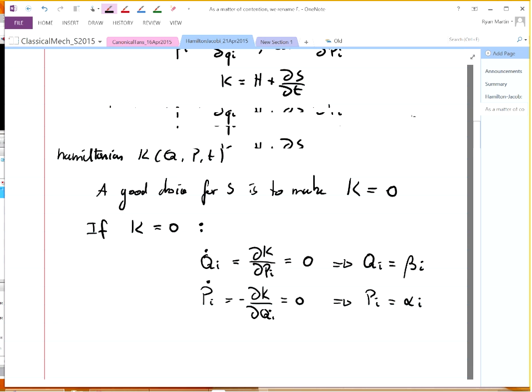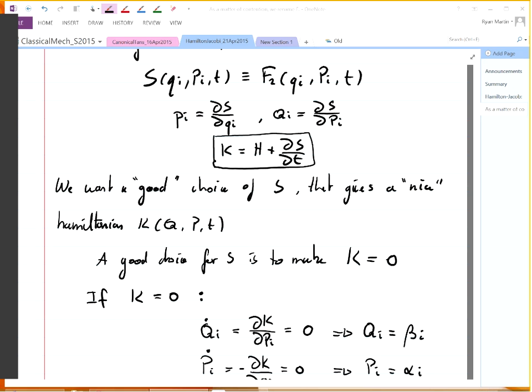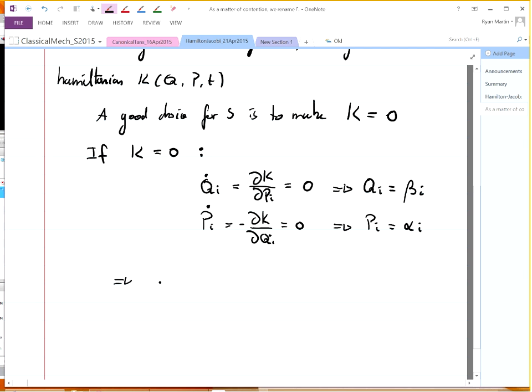So if we go back to our equation for K up here, if K is equal to 0, then H plus ∂S/∂t is equal to 0.